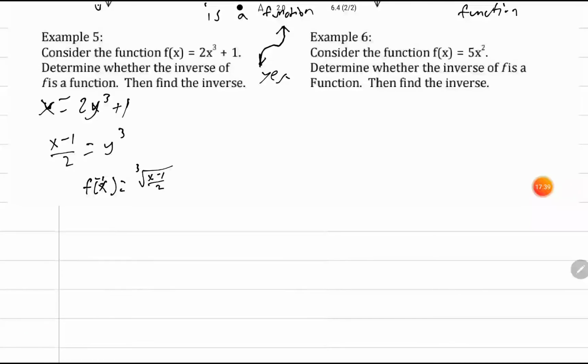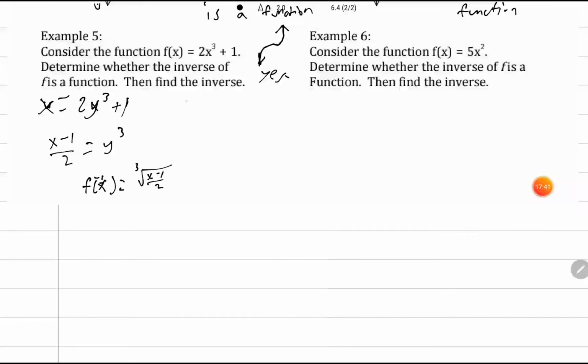So our domain and range for both of these is all real numbers. So this is the quick way. If you can switch domain and range and you get the same thing for both equations, then you're good. Otherwise, you do the compose function, see if they work.